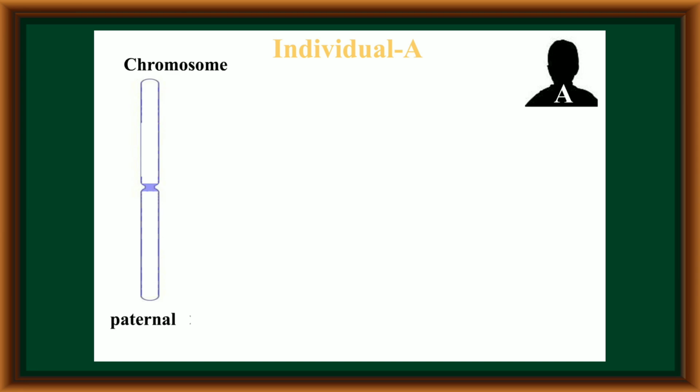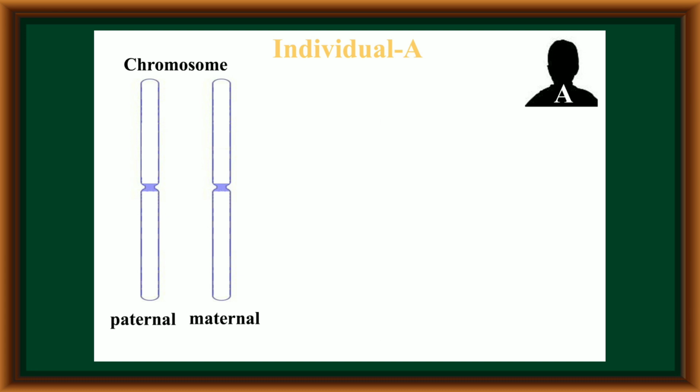In these homologous chromosomes, one is the paternal chromosome and the other one is the maternal chromosome. Every chromosome has a fixed number of repetitive DNA segments. The number of these repetitive DNA segments never matches with other persons.